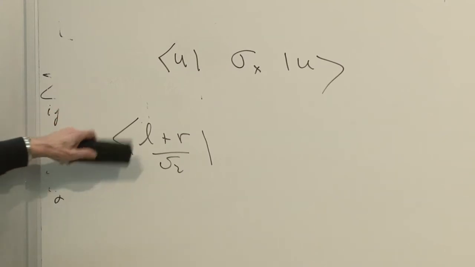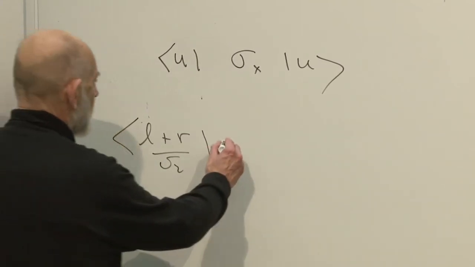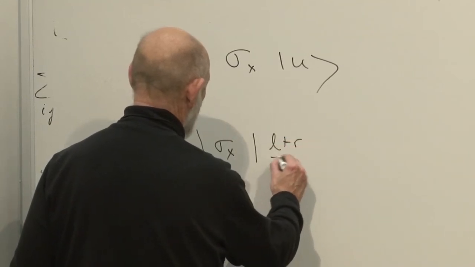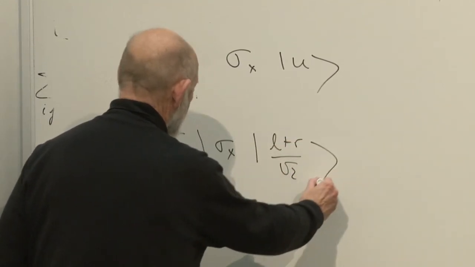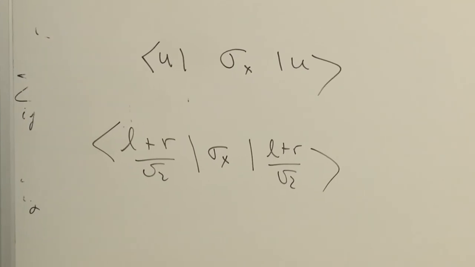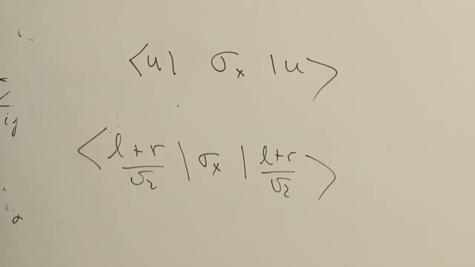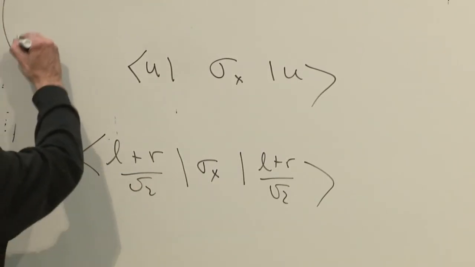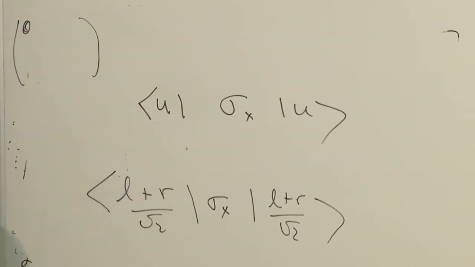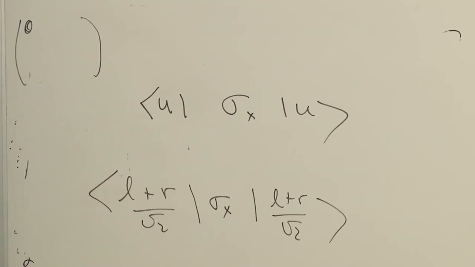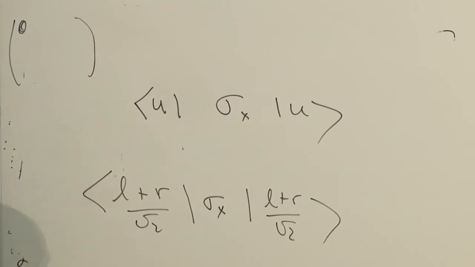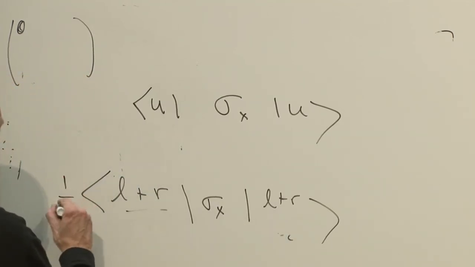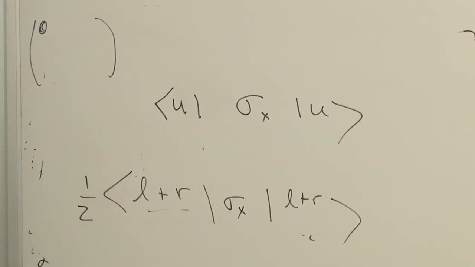So let's just write it as left plus right over the square root of 2, sigma x, left plus right over square root of 2. This is sigma x up, up, the up, up entry. First of all, there's a factor of square root of 2 from here and a square root of 2 from here. That's altogether 1/2.